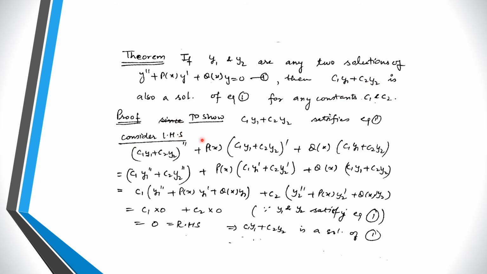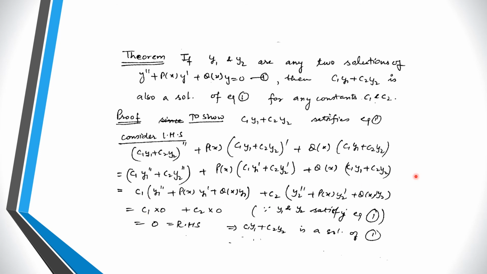So we consider the left hand side and substitute in this equation. What is the second derivative of c1 y1 plus c2 y2? c1 and c2 are constants, so they will be taken outside: c1 y1 double prime plus c2 y2 double prime. Similarly for the first derivative. Now take c1 common with all the rest of the terms, and c2 common with all the rest of the terms.